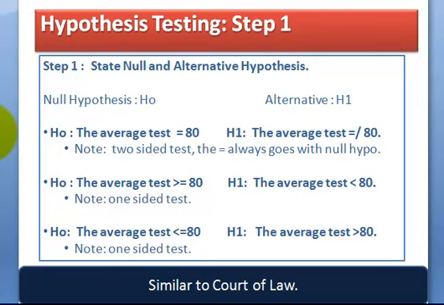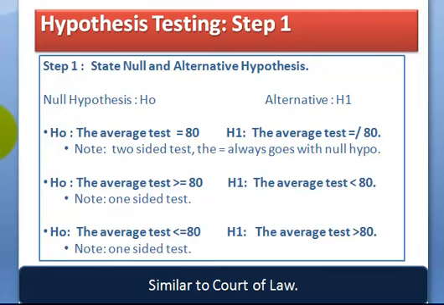Now notice unusual could be unusually low scoring or unusually high scoring. So I would state my null hypothesis to be the status quo, that the average test score is equal to 80, and the alternative would be it's not equal to 80. So note that if it's very, very low scores, that will have me reject the null hypothesis. Or if it's very, very high scores, it'll have me reject the null hypothesis.